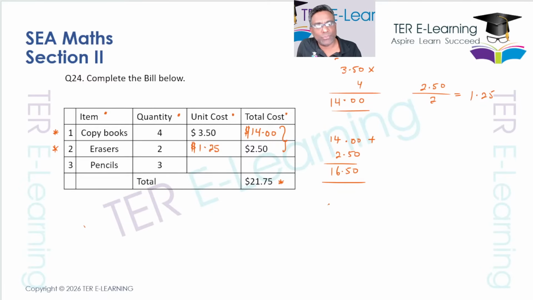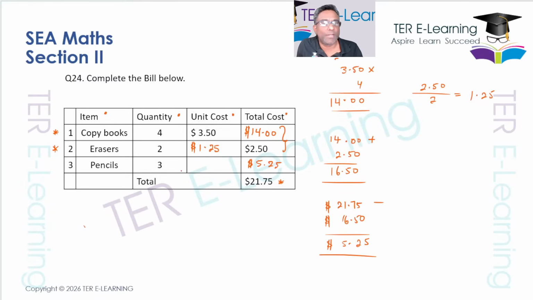So we're going to take the total bill, which is the $21.75, and subtract the $16.50. So this is going to be a 5, this is 2, so this is going to be $5.25. That looking correct there? So $5.25.